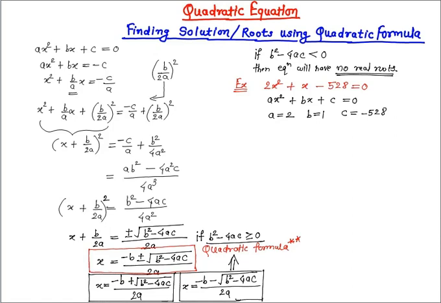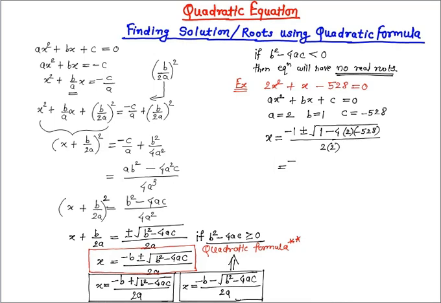Now using this quadratic formula, we can calculate the value of x, that is minus of b, that is minus of 1, plus minus square root of b squared, that is 1, minus 4a into c, that is 2 into minus 528, divided by 2 into value of a.